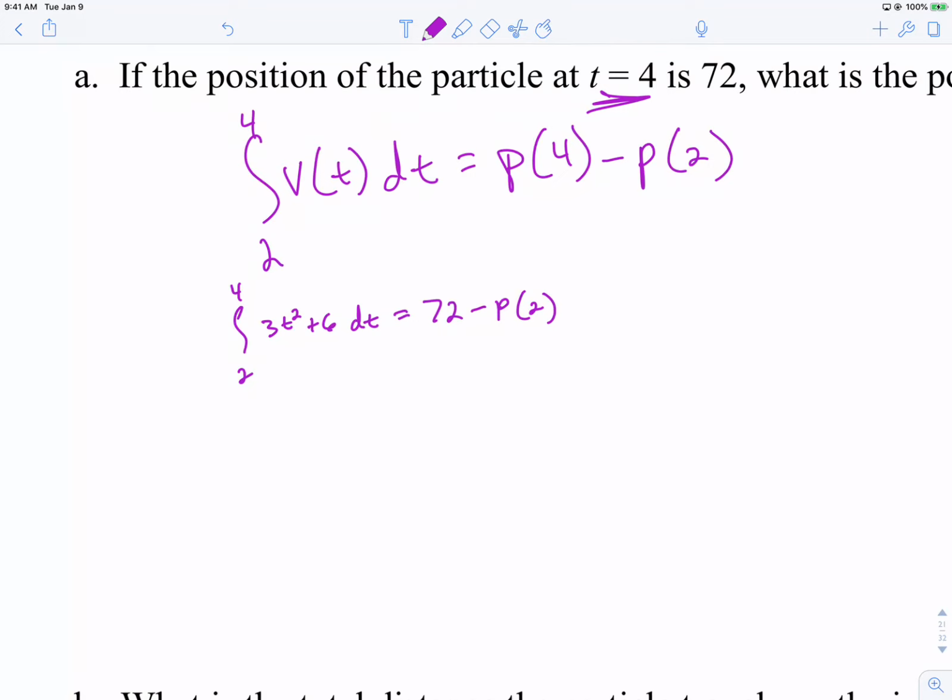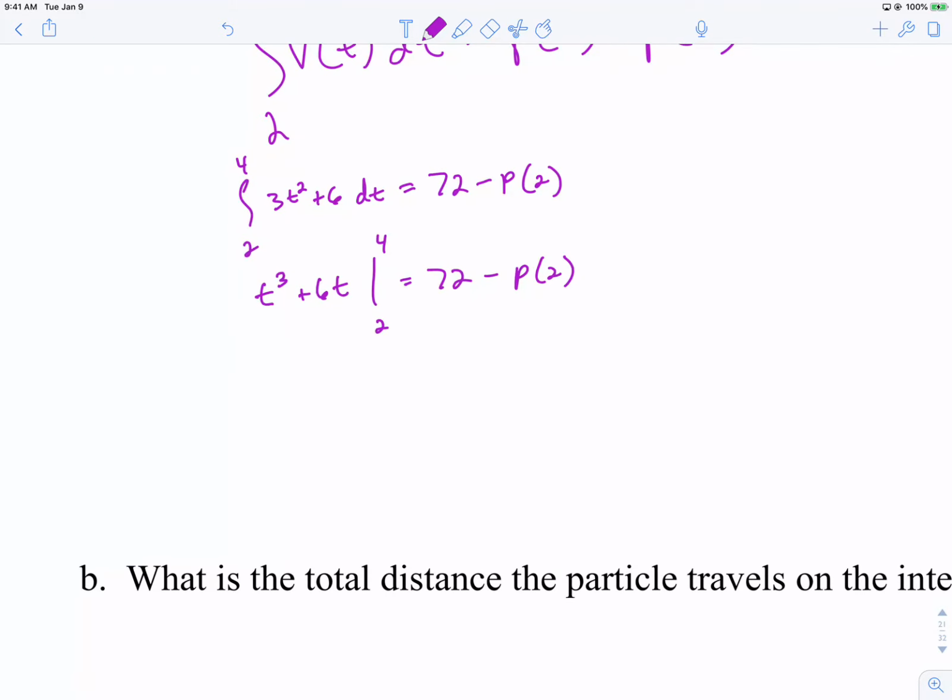Again, there are multiple ways to think about this, but we're going to start with this way. When I integrate, I get t cubed plus 6t, evaluated from 2 to 4, and that's going to be equal to 72 minus the position at time 2. So I get 4 cubed plus 6 times 4, minus 2 cubed plus 6 times 2, equals 72 minus p of 2.